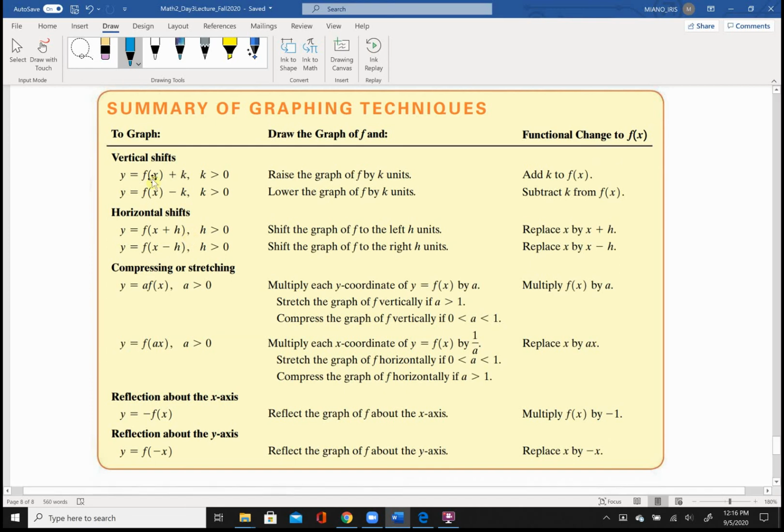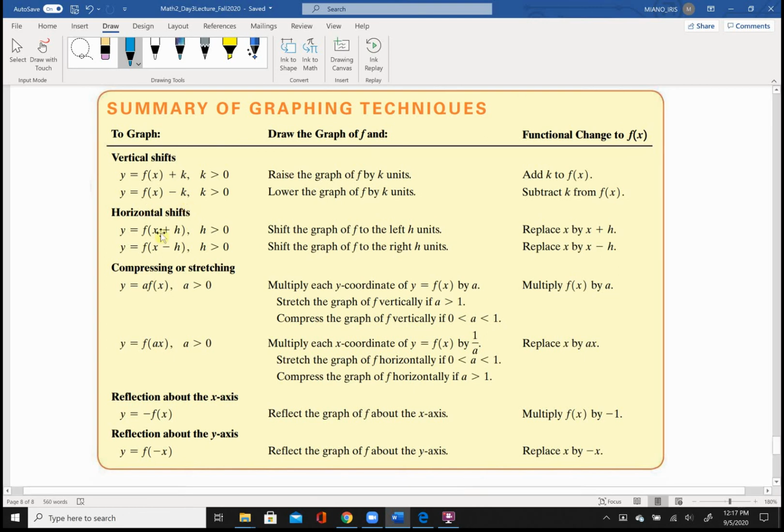Based on the structure, notice that your vertical shifts are always going to be when there are constant values either added or subtracted away from the actual function. It's just if you have an added or subtracted value that's separate from whatever's being imposed on x.